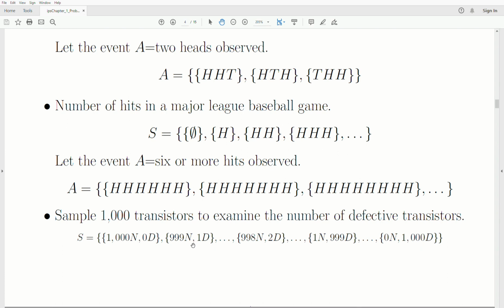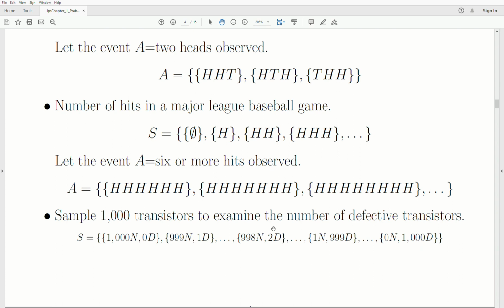So now the next element would contain 1 defective and then 999 non-defectives. But then you also have to list all those arrangements. So the first one may be a D and then 999 N's, and then the next element, that's part of this dot dot dot, would be an N, a D, and then 998 N's, right? It's all possible arrangements of that.